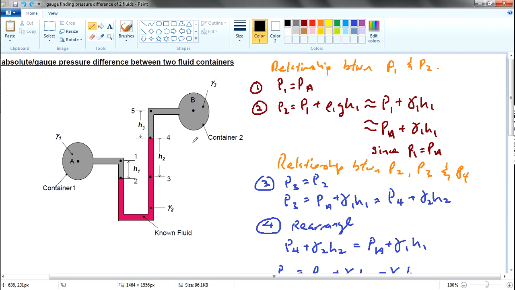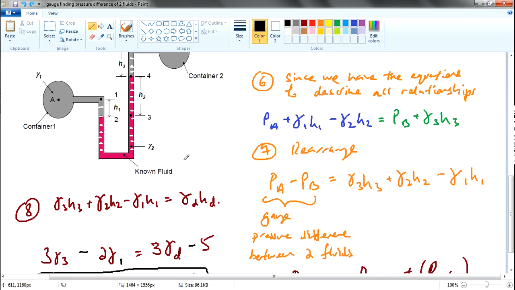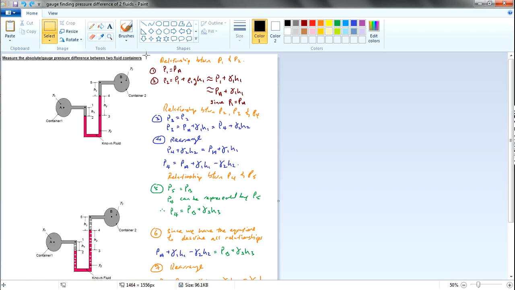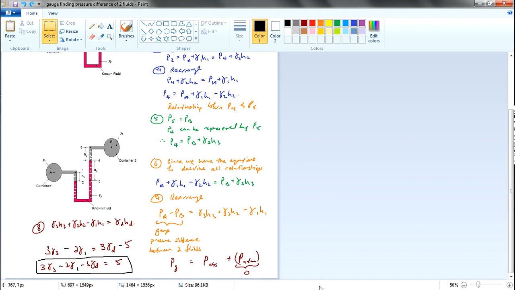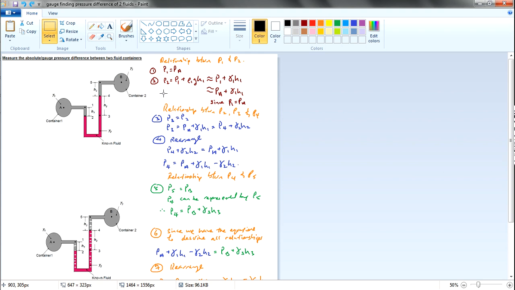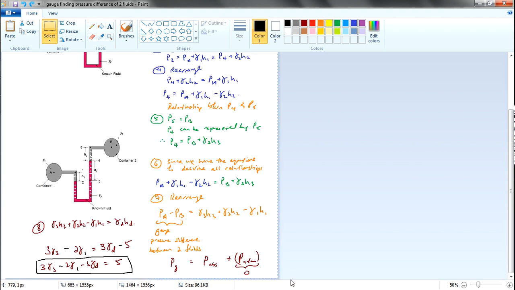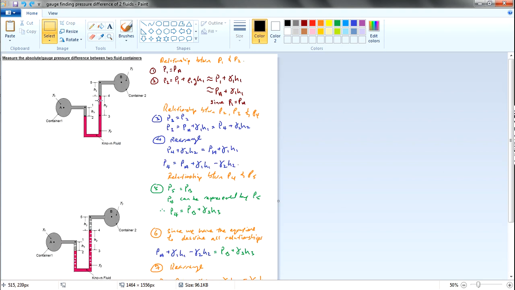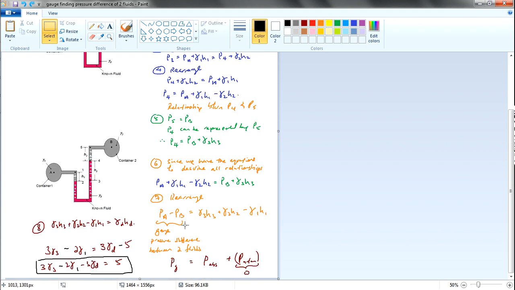Maybe I should do a bit of summary for this. So the key thing is actually the derivation for this part only. You don't actually need to care about what I've said earlier. The key concept here is only this part: how do you set up an equation for this in order to solve?